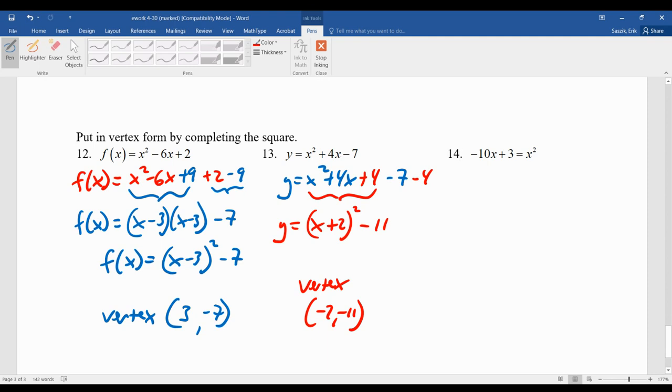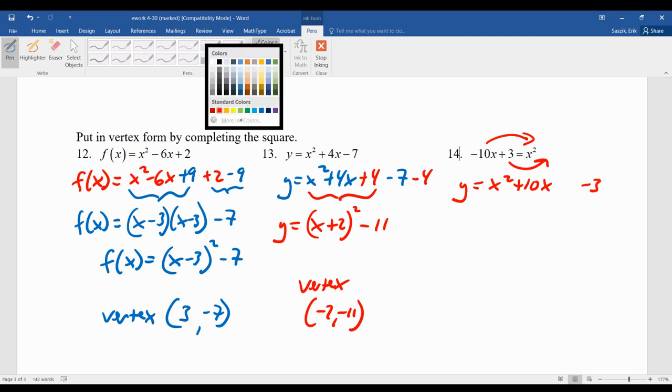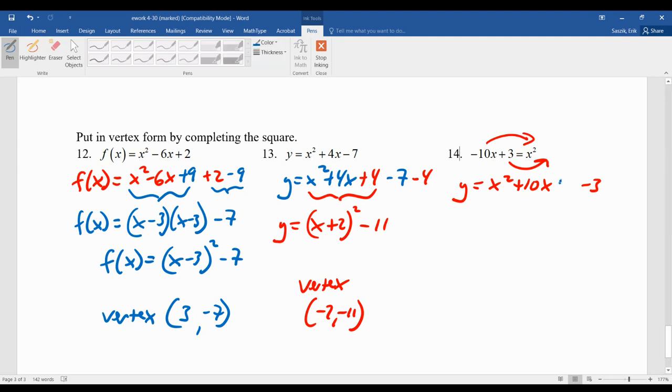And on this one, remember, we've got to move things over. We want it set equal to 0. So I would move this over and the 3 over. So I would get 0 equals, but 0 is kind of interchangeable with y, x squared plus 10x. I'm going to leave a little space. Minus 3 because I moved the 3 over. Now I'm going to complete the square. Cut this in half.